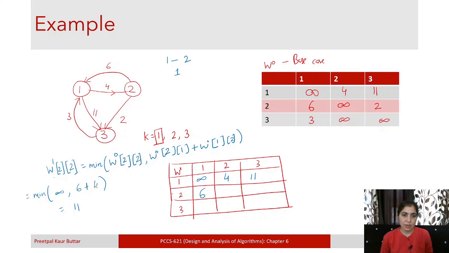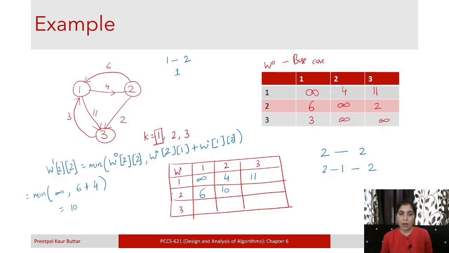So the minimum is 10. It means if you want to go from 2 to 2 using 1 as an intermediate vertex, the previous distance was infinity. Now it is saying that it is 10. Let us look here: 2 to 1 it is 6 and 1 to 2 it is 4. So now we are getting a better distance.